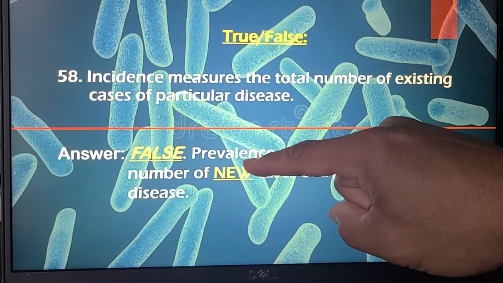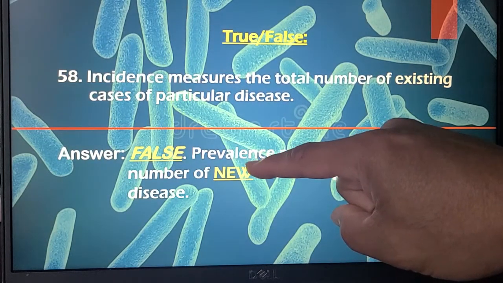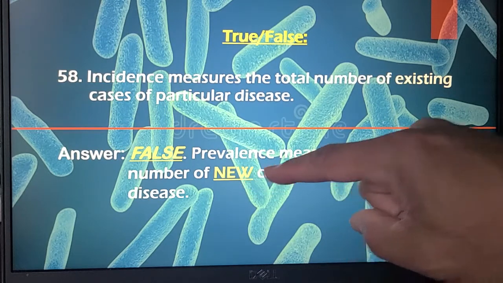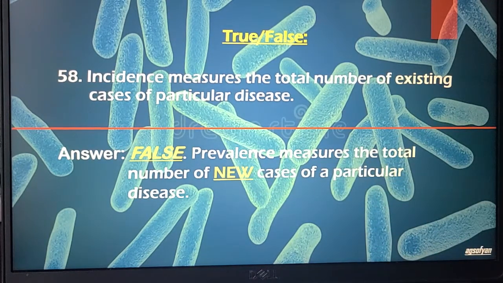So this should be incidence. Incidence measures the new cases, not the existing cases. Prevalence is the one that measures the existing cases. So incidence is for new cases.